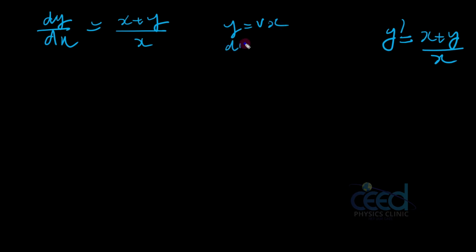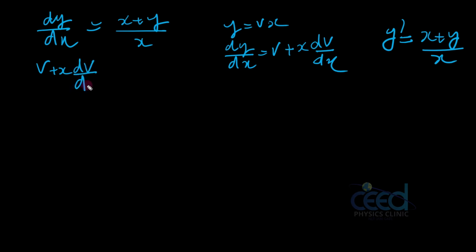Then what is dy by dx? Dy by dx is equal to v plus first function into differential of second plus second function into differential of first. So I can substitute dy by dx with v plus x dv by dx, that is equal to x plus this y I am substituting as vx divided by x.